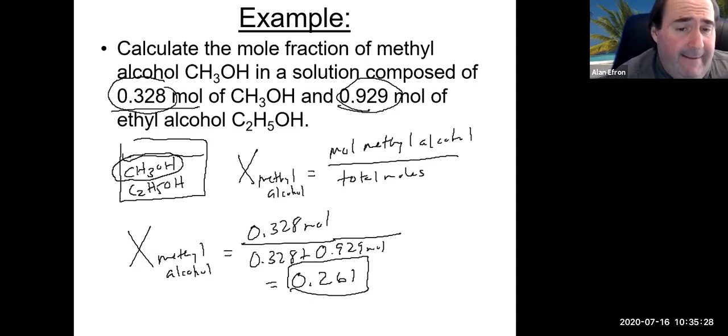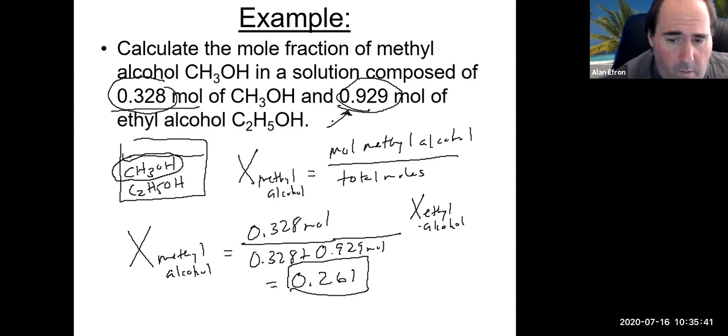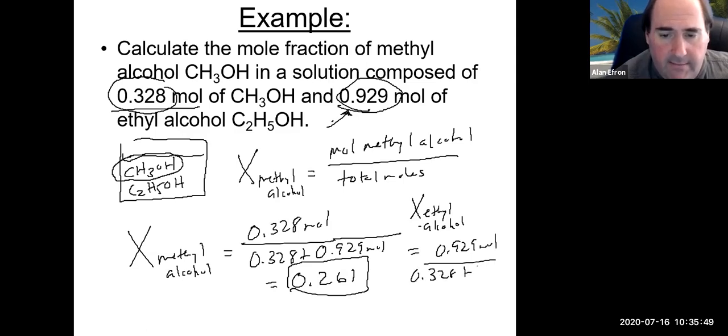We could do the same calculation for the mole fraction of ethyl alcohol. It would look the same deal. For the ethyl alcohol, it would be the 0.929 moles divided by our total moles there, the 0.328 plus the 0.929.